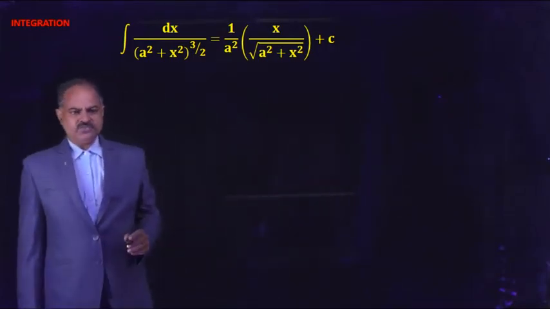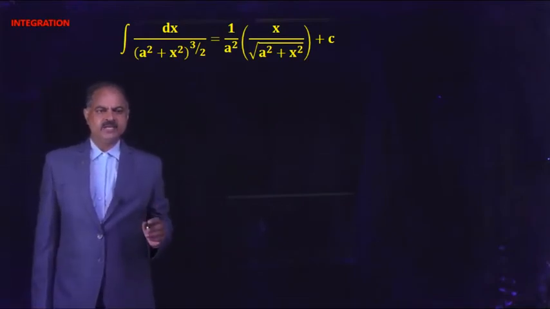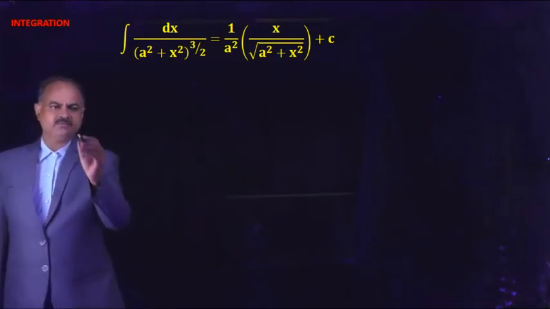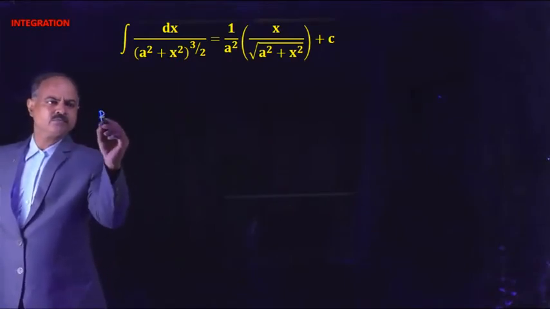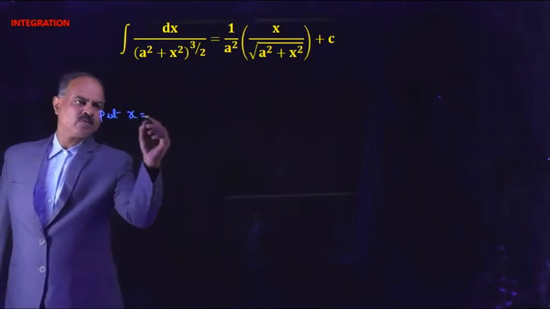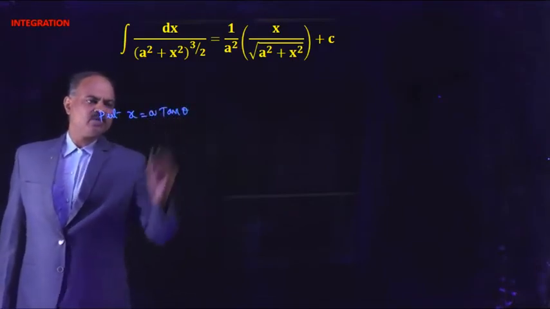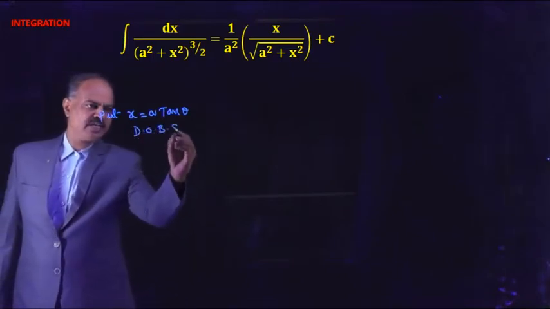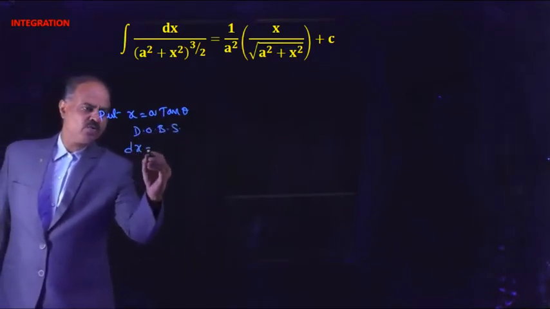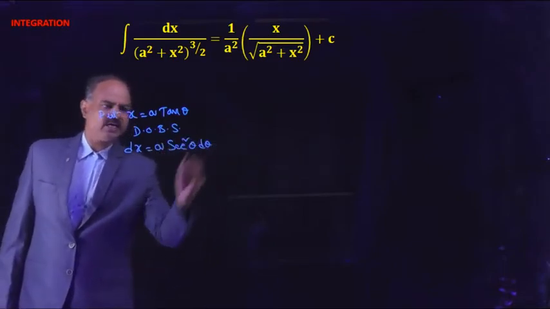We prove this formula by taking the substitution x equal to a tan theta. Put x equal to a tan theta. So differentiate on both sides. dx equal to a into secant square theta into d theta.